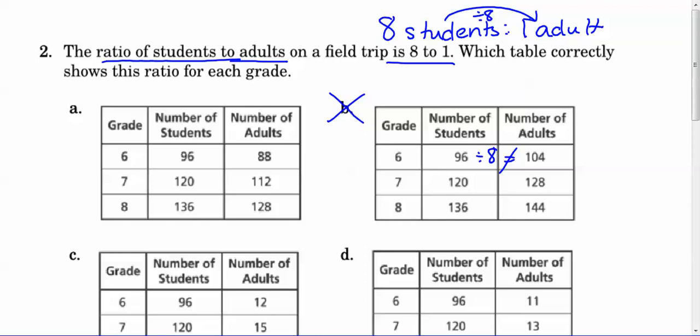The mistake they're hoping you'll make on this one is taking the number of adults and adding 8 students to that number. Well, that's not what is happening. When we look at these ratios, we're looking at what we can multiply or divide by to get from one number to the other. So choice A does not work because that's for a kid who thought, oh, there are 8 more kids than adults. But let's keep looking.